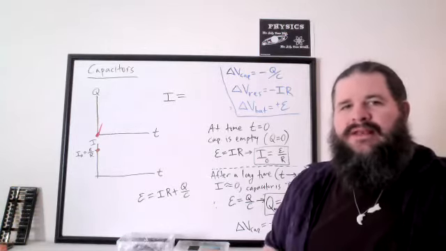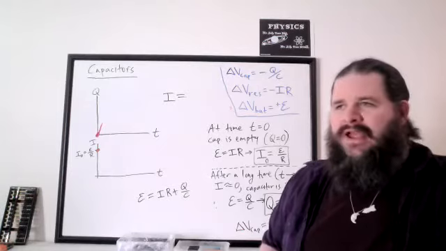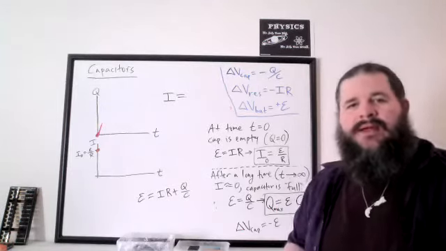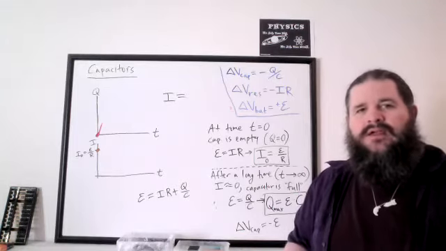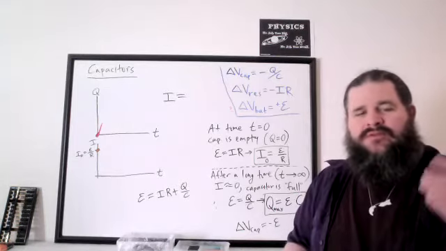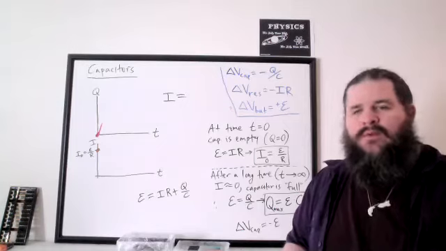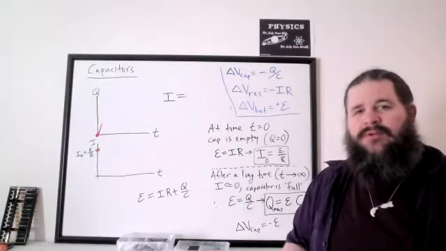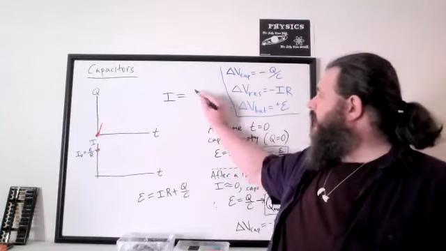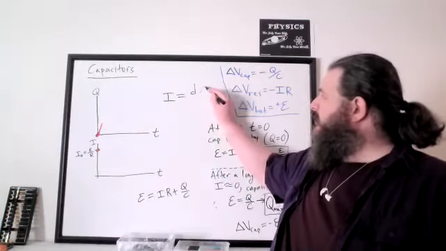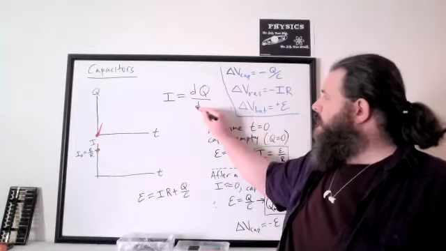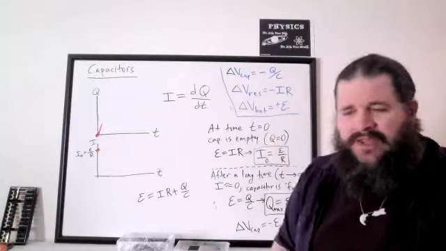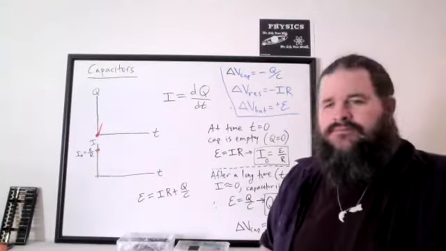Although we're not describing it as amount of electrons in terms of a count, and we're not saying like 50 electrons per second. We're really talking about the amount of charge that those electrons carry. We don't want to say there's 1,000,000 electrons flowing past this point per second. We want to describe it in terms of how much charge the electrons are carrying past that point per second. So the current is defined as the rate of change, the derivative of charge. Current means how quickly charge is transferring.